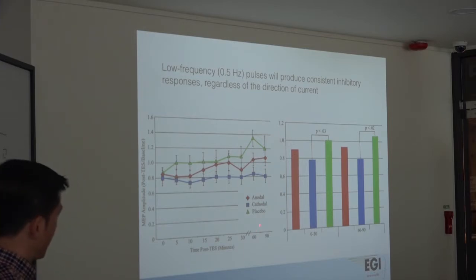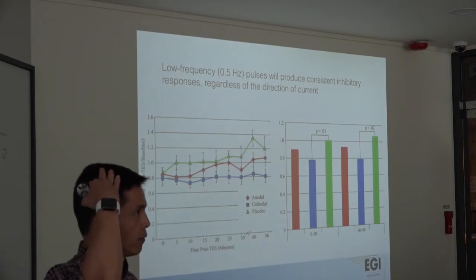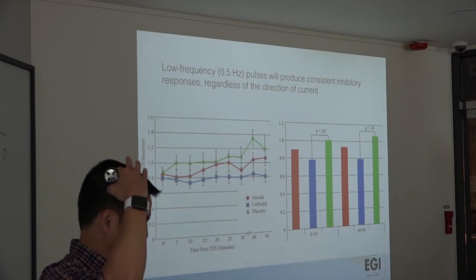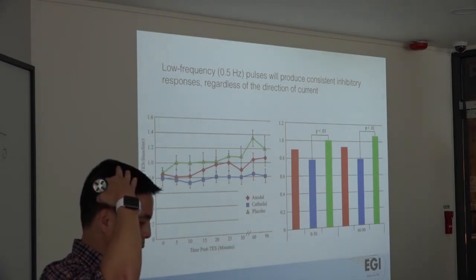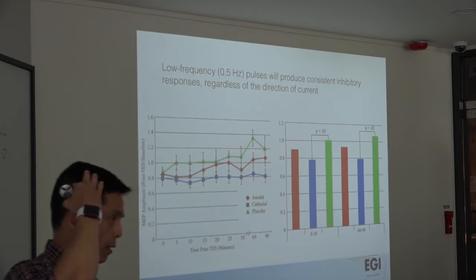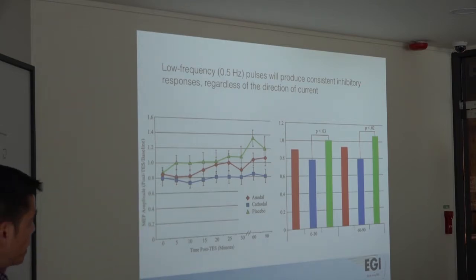And so we have an anodal condition, a cathodal condition, and a placebo. Again, the cathodal is when this is negative. The anodal is when this is positive. Okay, and actually we don't define it that way.